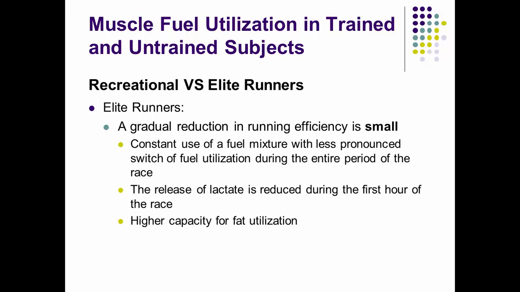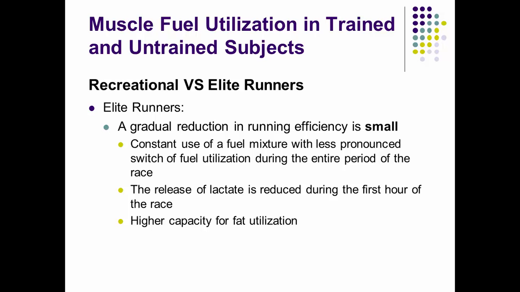Compared to elite runners, their efficiency reduction is quite small, right? They can run pretty efficiently, and the switch from carbohydrate to fat is much smaller. They stay pretty constant in utilizing the different sources of energy, carbohydrate and fat.